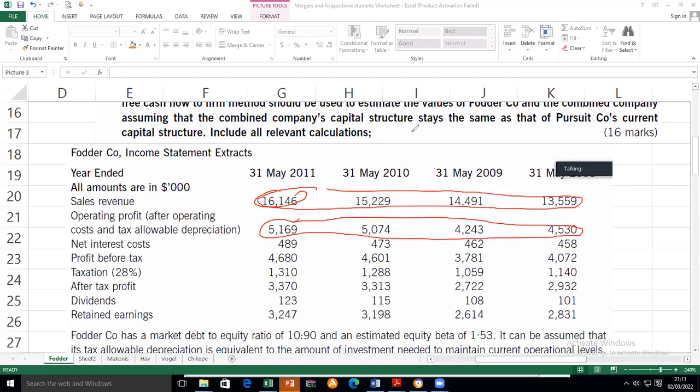I'm going to repeat this process every year. Another way is you can just add up all these figures, come up with a total, and just do this profit over that. Or you can work on individual years and just divide by 4. So these are the possibilities that we have.